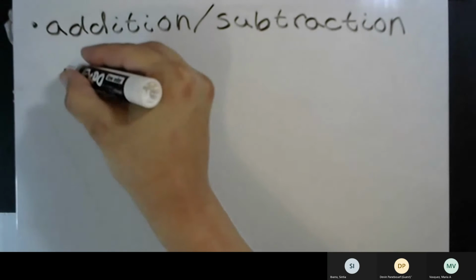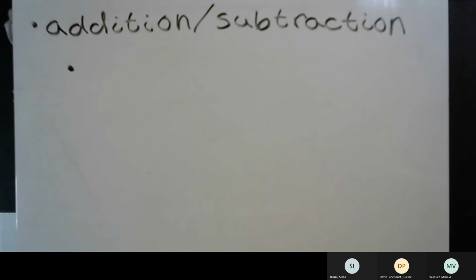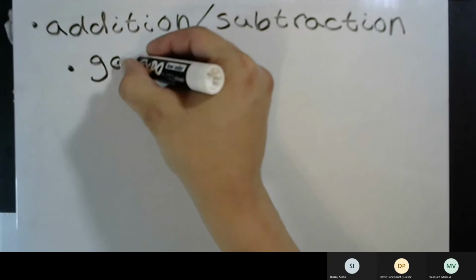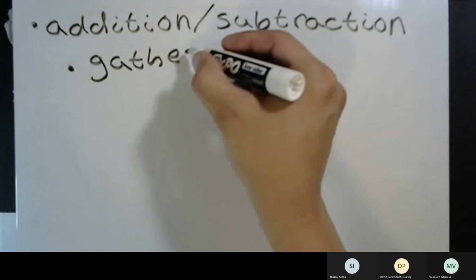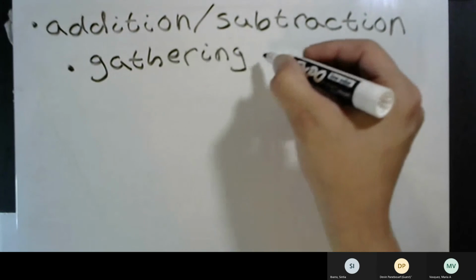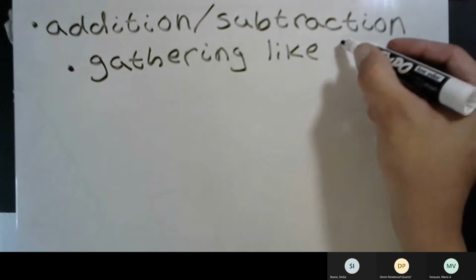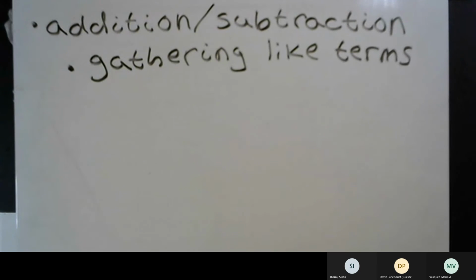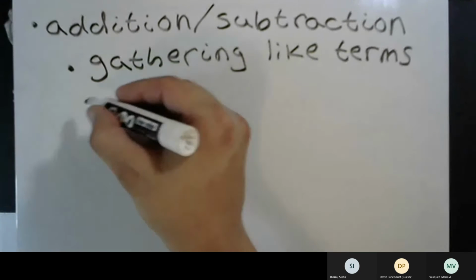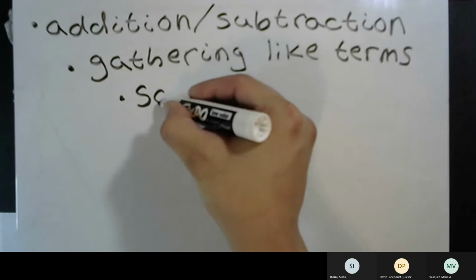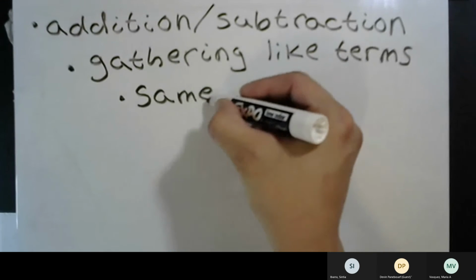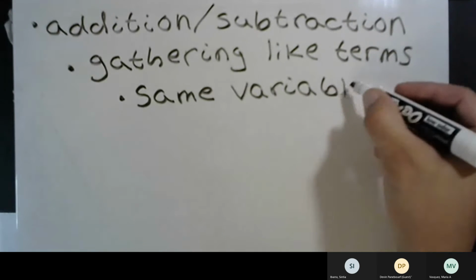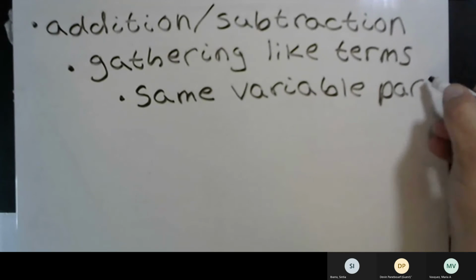So the idea here is gathering like terms. And the idea of like terms is they have the same variable part.